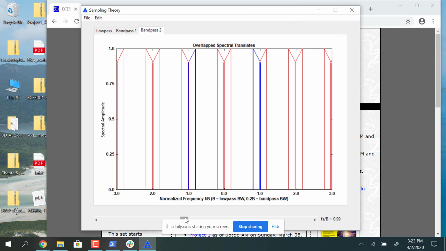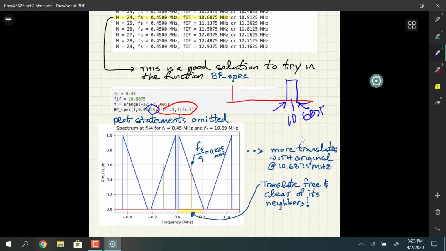Again, if I go back over to here, I can't have my software plotting an infinite number of these images like we know exists in theory, because that would take too long. It would never happen. So I just set a goodly number of translates, at least enough to make sure that I have overlap so I can see all the aliased components that I'm wanting to see without getting confused.